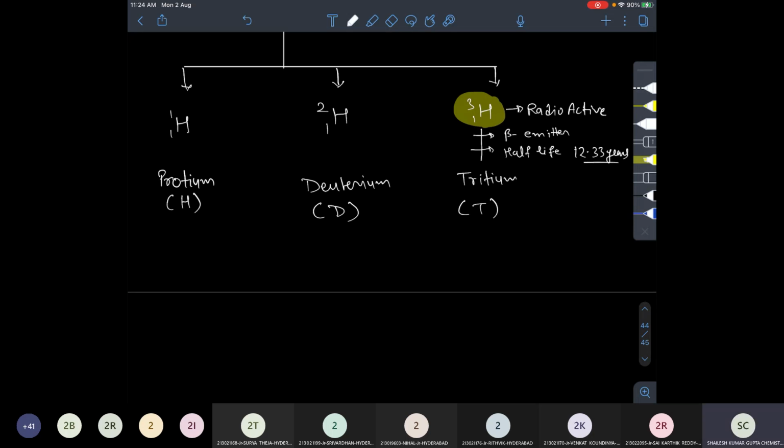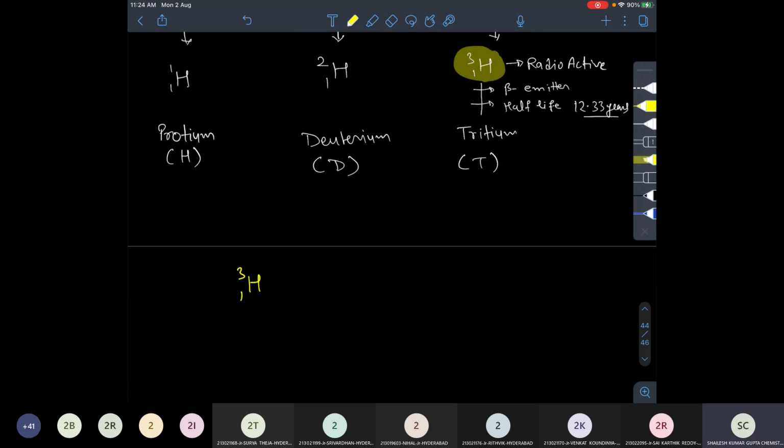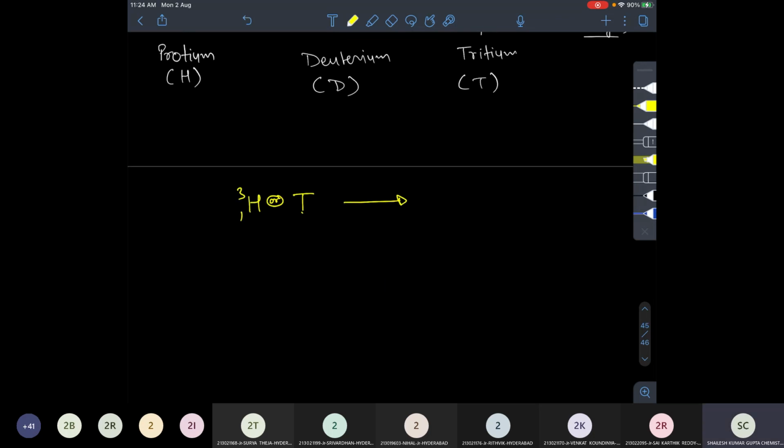So what is the meaning of half-life? What do you understand by the term half-life? Half-life is associated with it because it is unstable. So tritium, or 1H3, is going to convert into helium after emission of the beta.